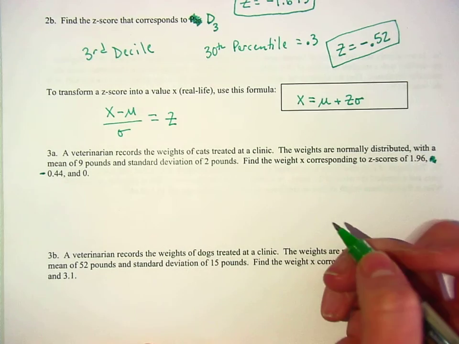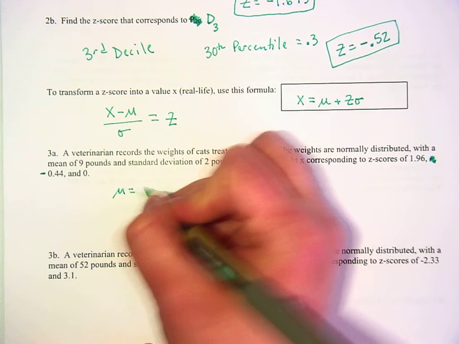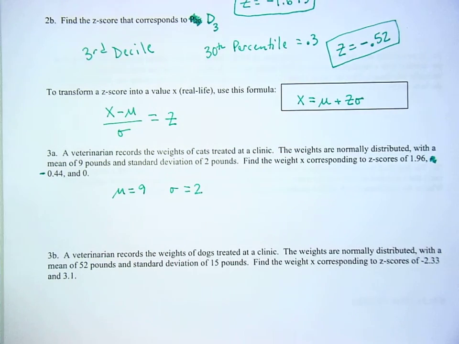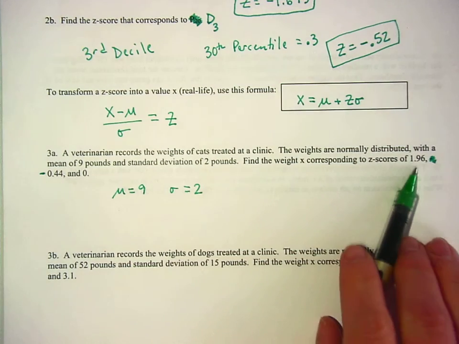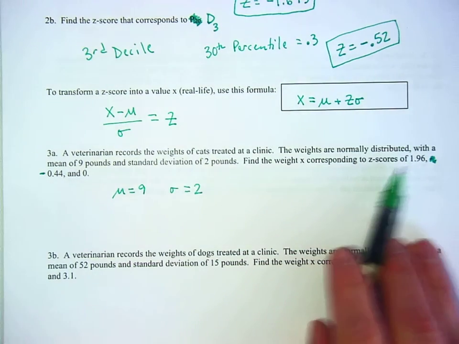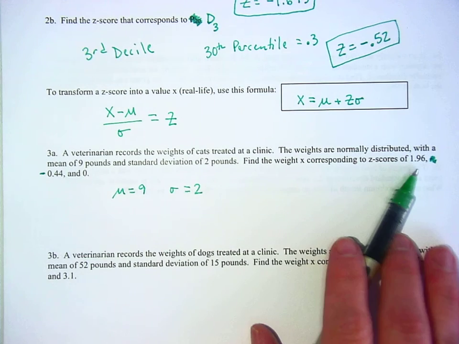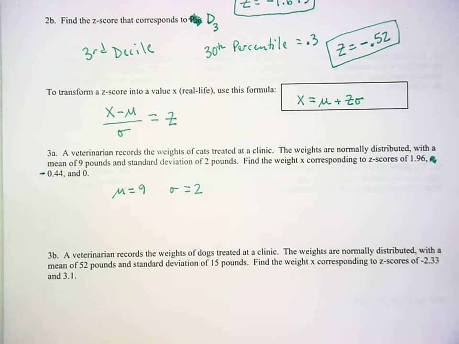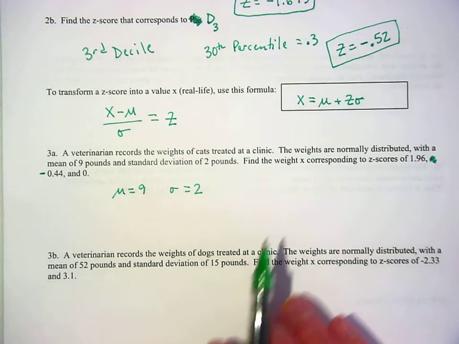So I'm going to write down that our mean is 9, our standard deviation is 2, and we need to find x that corresponds to 1.96. Okay, so normally cats are 9 pounds. If a cat is 1.96, does that mean that they are a super skinny cat or a super fat cat? Fat compared to the average, right?